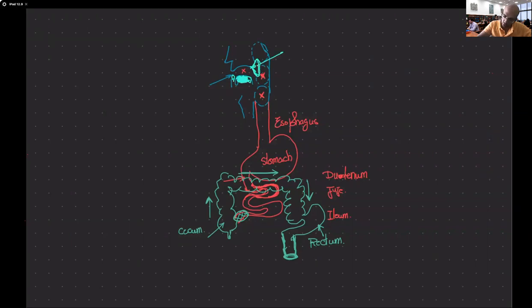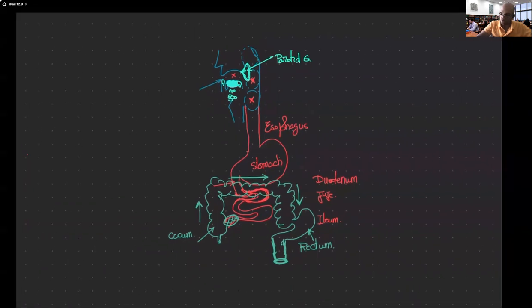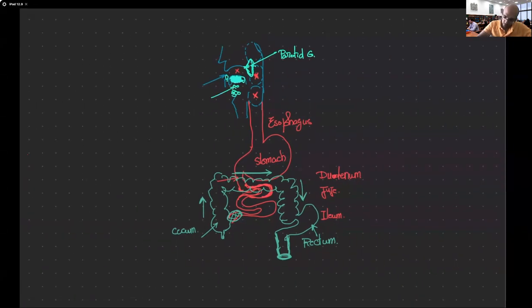We've got first on here, this is my parotid gland, sublingual and submandibular glands. So we've got three sets of salivary glands. Again, parotid gland, sublingual, and submandibular glands.